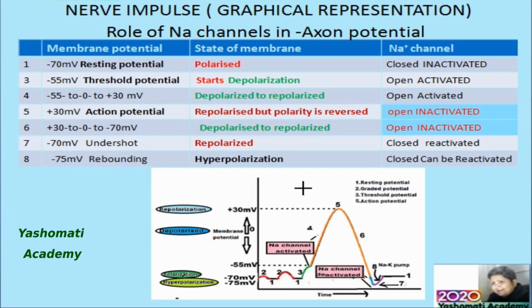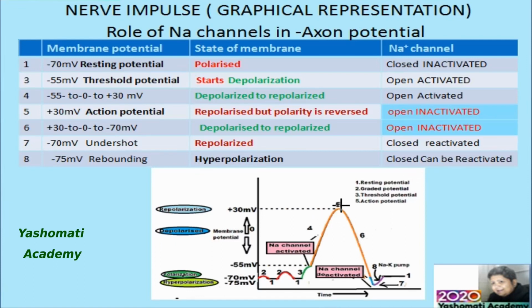And ultimately, when the potential reaches 30 millivolt, that is the action potential, the sodium channels are open and inactivated. That means that even when the channel is open, it will not be able to conduct the sodium ions. So, this happens at action potential. Because the channel has been inactivated, it will not be able to transport any more sodium ions towards the inside.